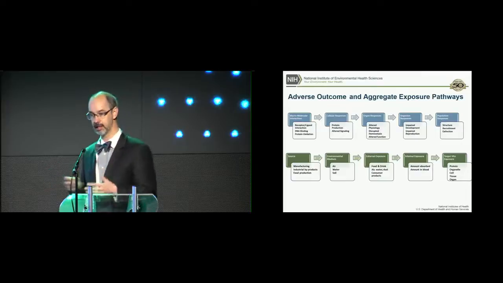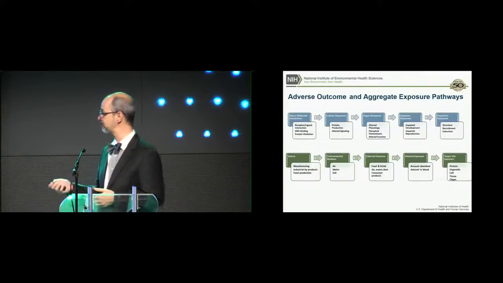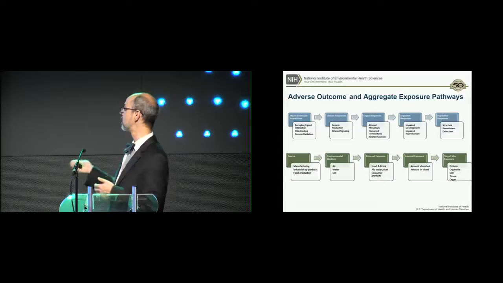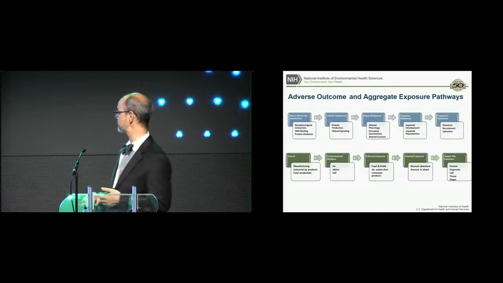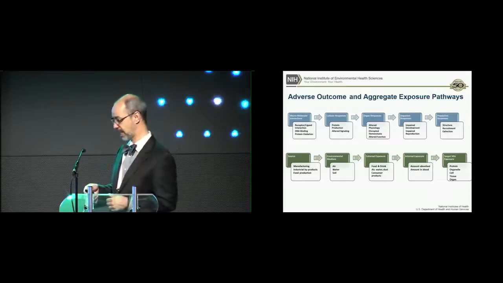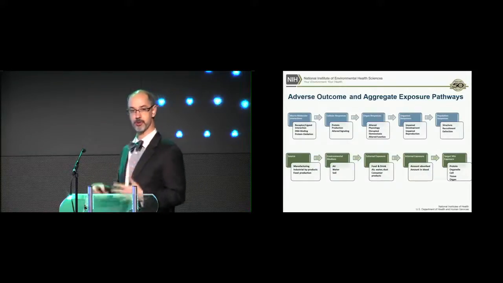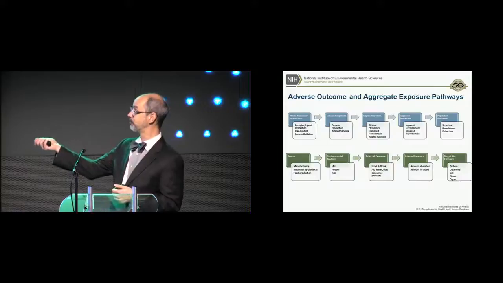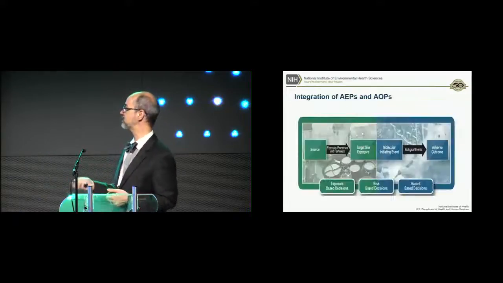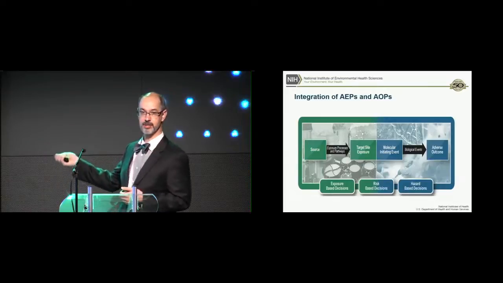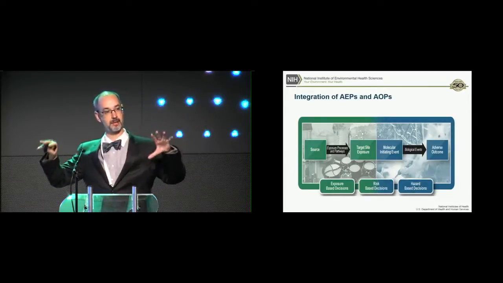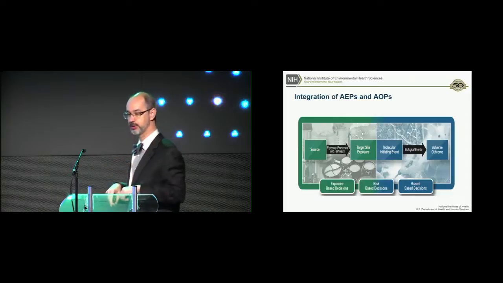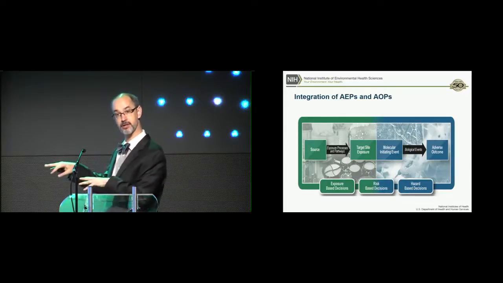Can we create a parallel to map the cascade from the multiple sources of exposure to multiple analytes all the way down to the target site exposure, and deal with this as a multi-scale phenomenon where we can track multiple exposures through multiple sources and multiple pathways to ultimately link up to the molecular initiating event and create a cascade that goes all the way from source to adverse outcome, and a framework that allows us to think about risk very comprehensively and deal with the complexities of both the exposure and the biological response.